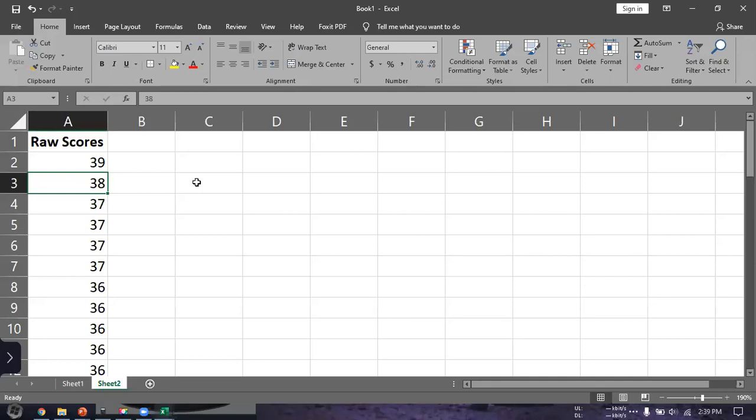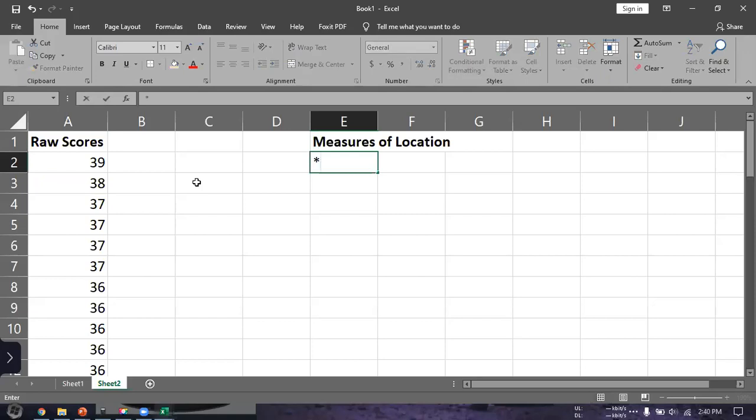This measure is called the measures of location, but you are most familiar with this term: the fractiles. Now, what are these fractiles?